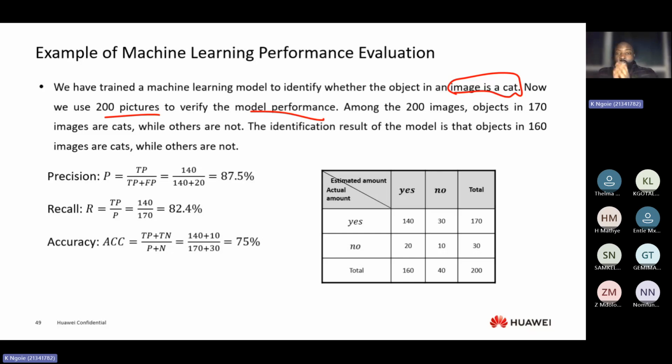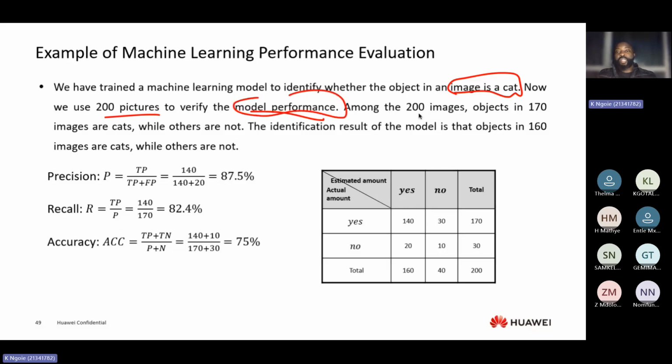These 200 pictures are not the training set. These 200 pictures are being used to test the model. You understand, guys? We want to check the performance of the model.